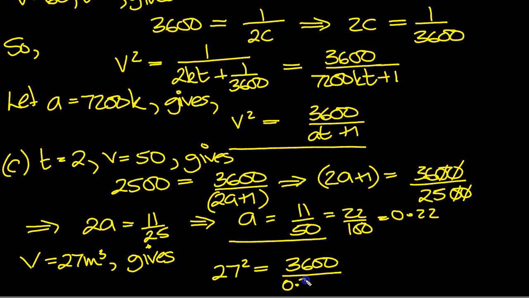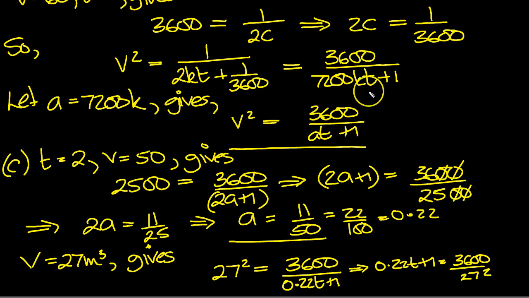But it's 0.22t plus 1. So now we can then move this: 0.22t plus 1 equals 3600 over the 27 squared. So what we did there was we moved these terms up here, we moved the 27 down here.